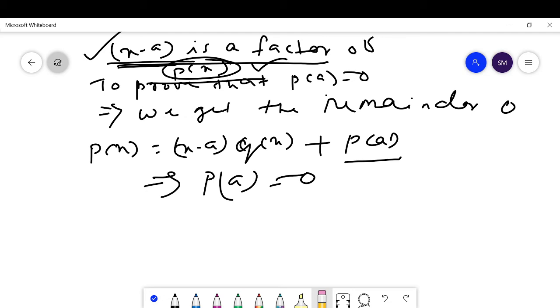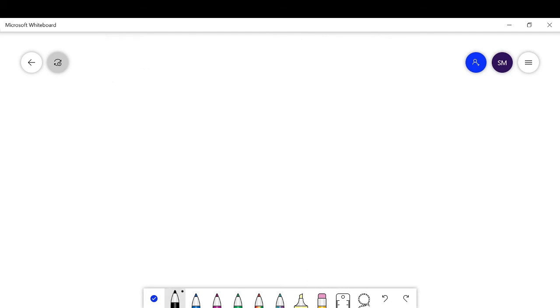Now we will do some examples in which we use the factor theorem.